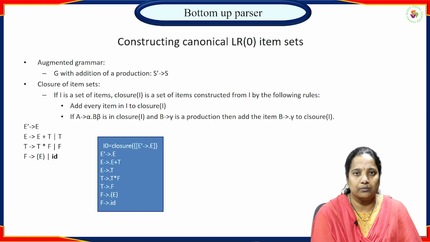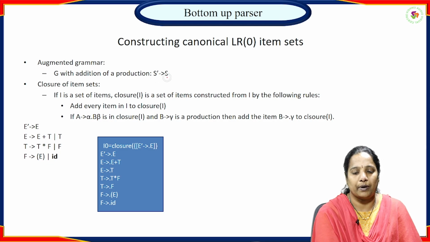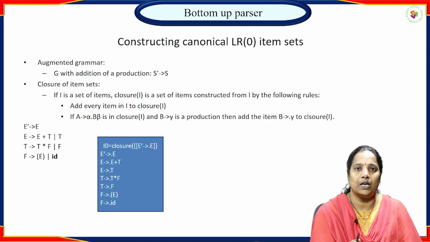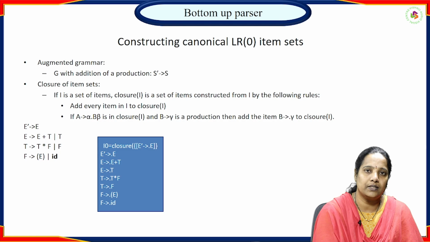Augmented grammar is nothing but adding some extra production to the existing grammar. For example, if you are taking any grammar which starts with some symbol S, and we have some set of productions related to the grammar, we need to add a new grammar symbol to the existing grammar.